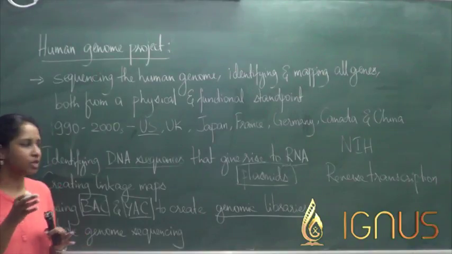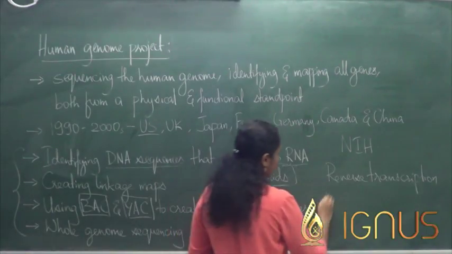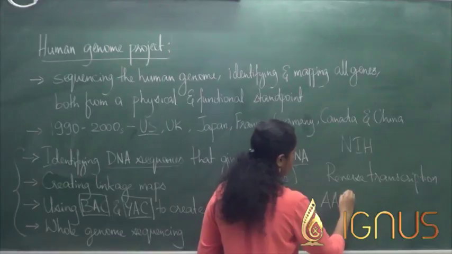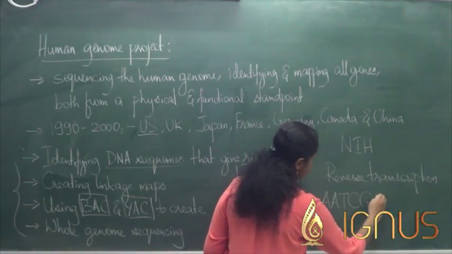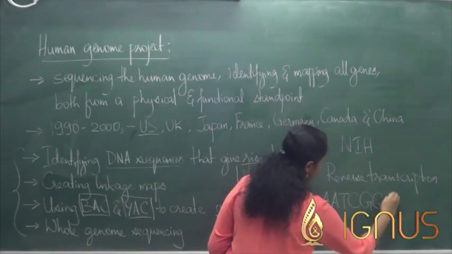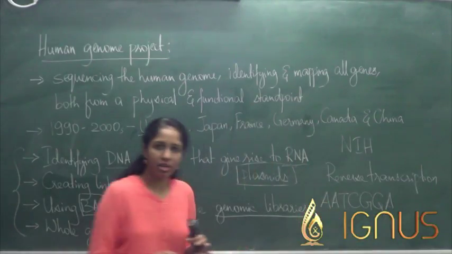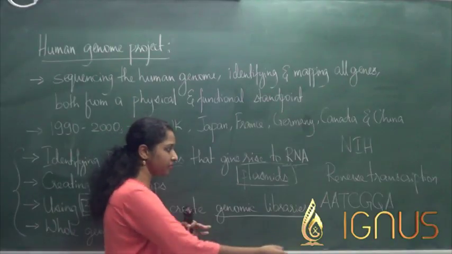Let's say the first nucleotide was A, the second another A, the third a T, the fourth a C, fifth G, and then another G, another A. So you know the sequence of the DNA.